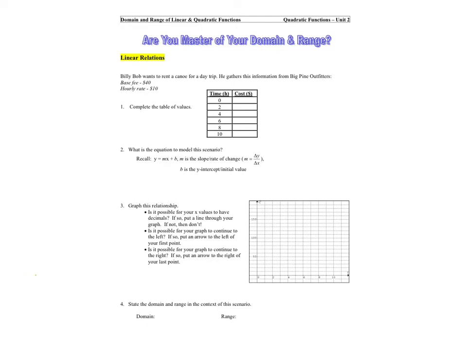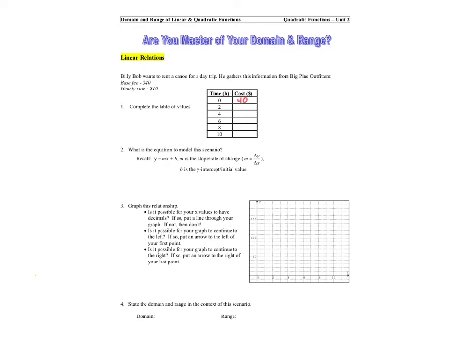So if you have not had the canoe out for any hours yet, it's going to cost you the $40 just to rent the canoe. If you have the canoe out for 2 hours, then it's 2 times $10 plus the $40 to rent the canoe.